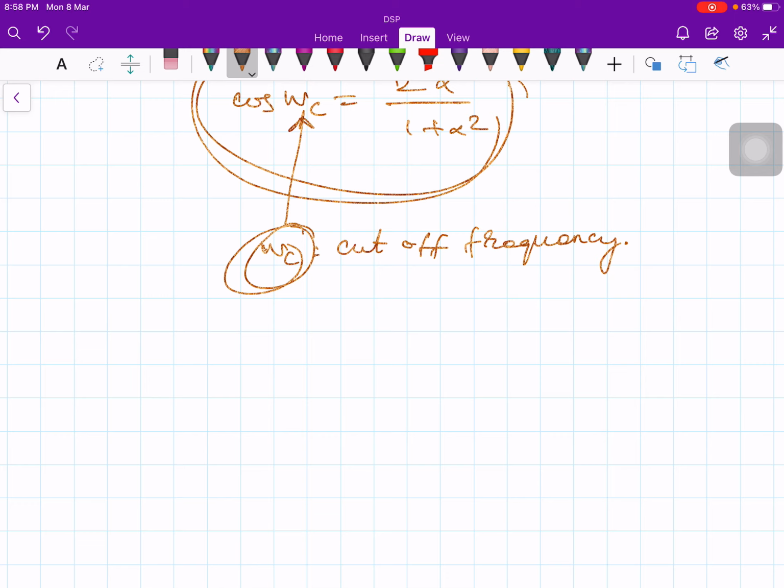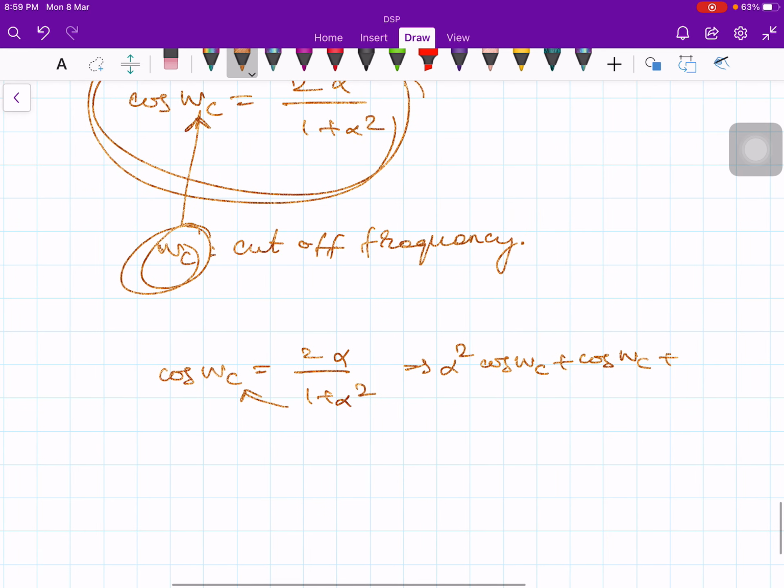Therefore cos omega c is equal to 2 alpha divided by 1 plus alpha square, and then if you cross multiply this, you will get alpha square cos omega c minus 2 alpha plus cos omega c is equal to 0.